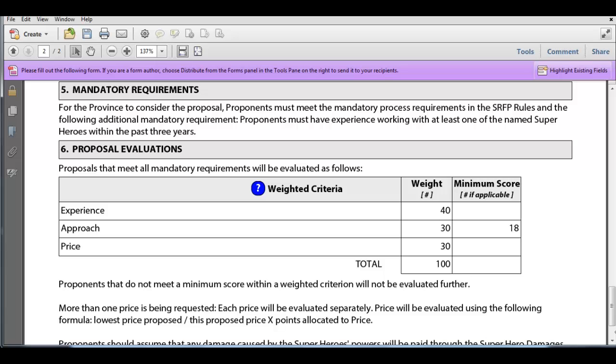What's important to note, though, is that the headings here are going to be exactly the same as the ones in Appendix A, and you'll see that in the next video.